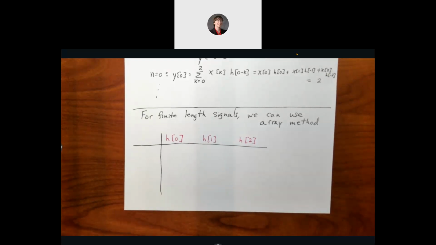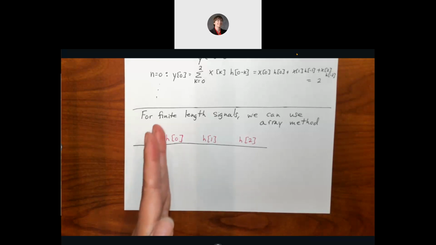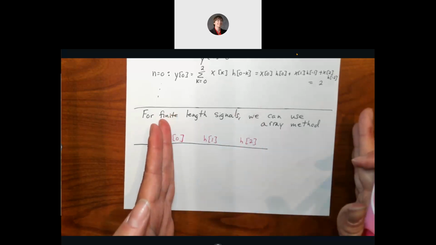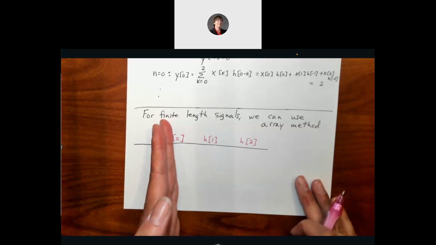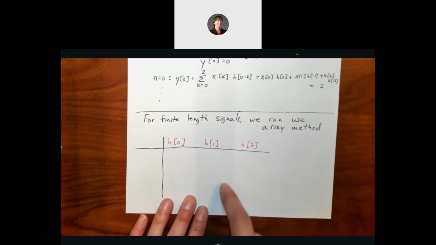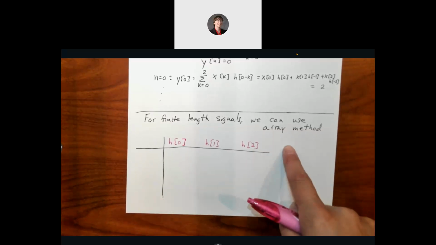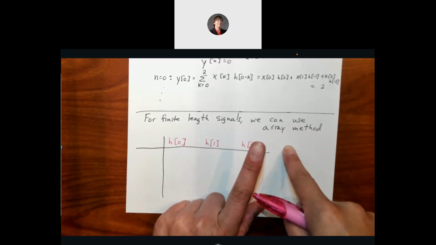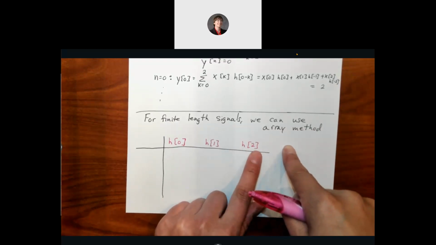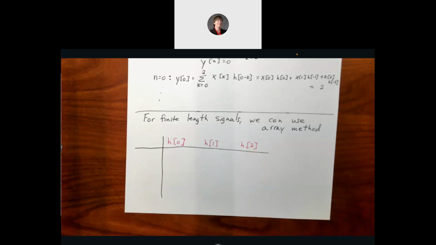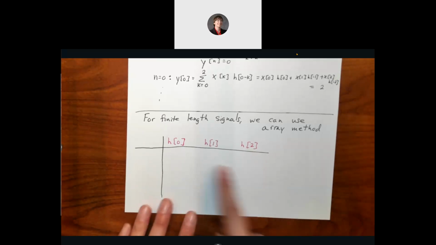So you take all of your values of h, starting from the first non-zero value and going till the last non-zero value. Right? So if you had, say, h3 and maybe your h2 was 0, you must still include that 0 that's in the middle.